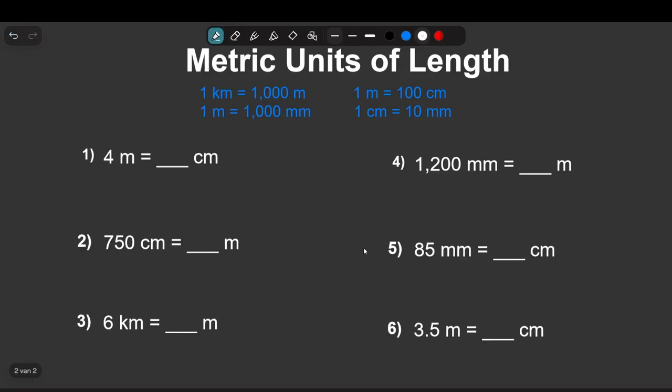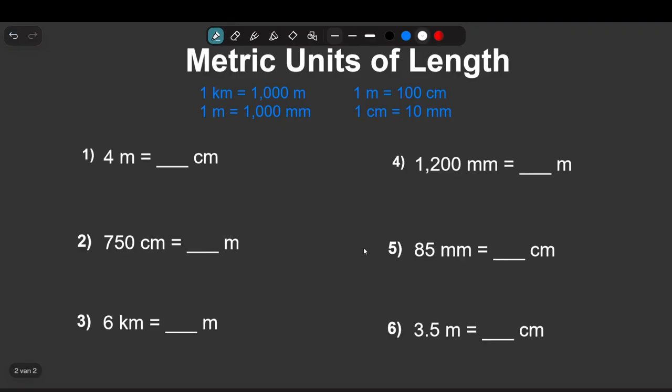Most rulers will have centimeters marked on the metric portion of that ruler. And a meter is a little over a yard, so a meter is a little longer than a yard. And a kilometer is a little over half a mile. So kilometers are used to measure long distances.